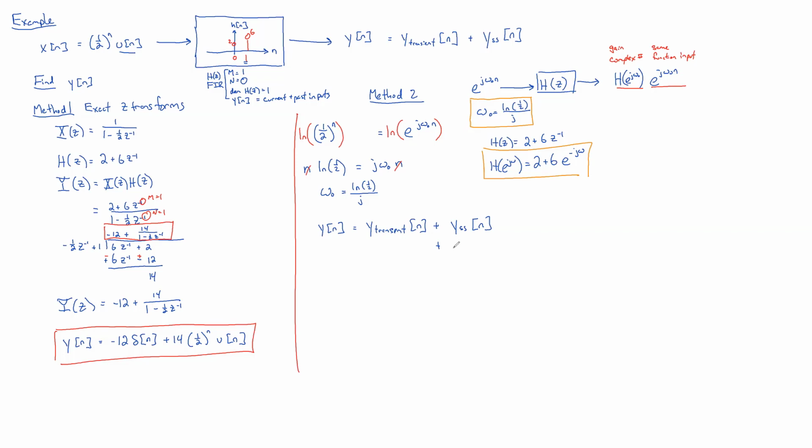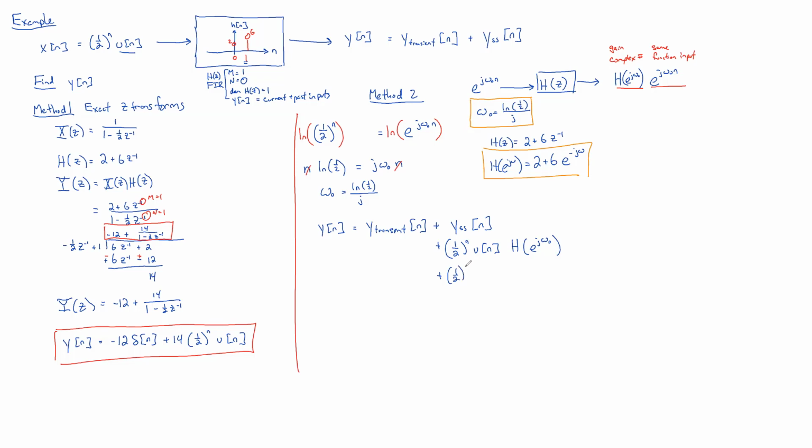It's just going to be equal to whatever our input is, which is 1/2 raised to the n u of n, times our H of e to the j omega evaluated at whatever our omega naught is. So let's see if we can figure that out quickly.